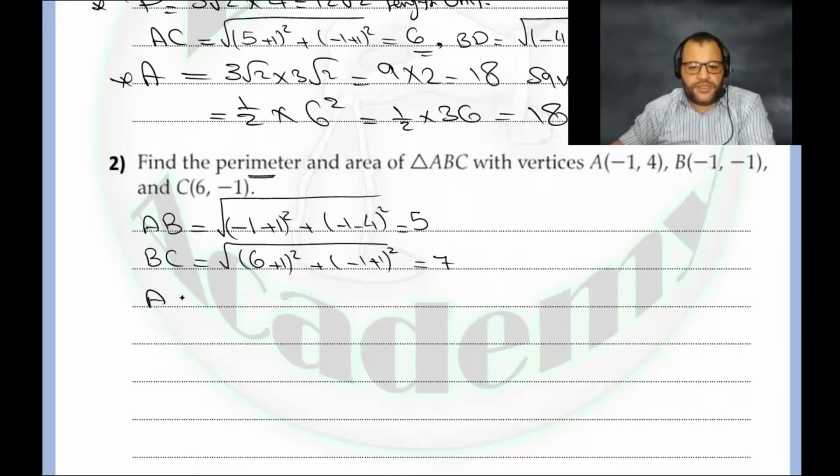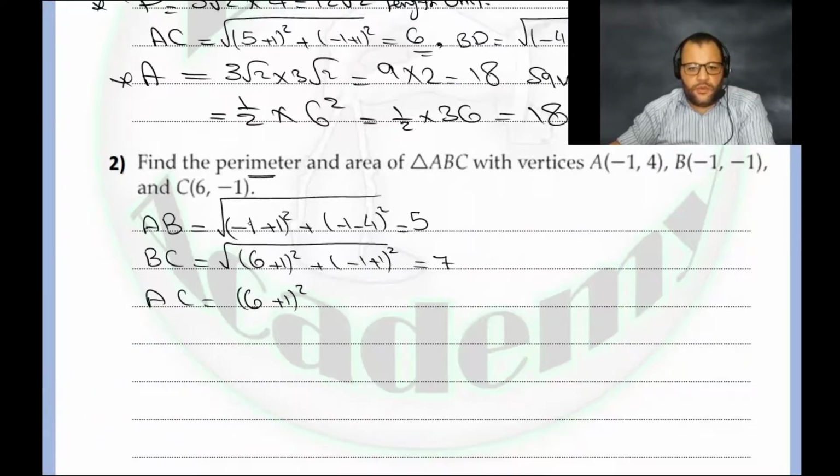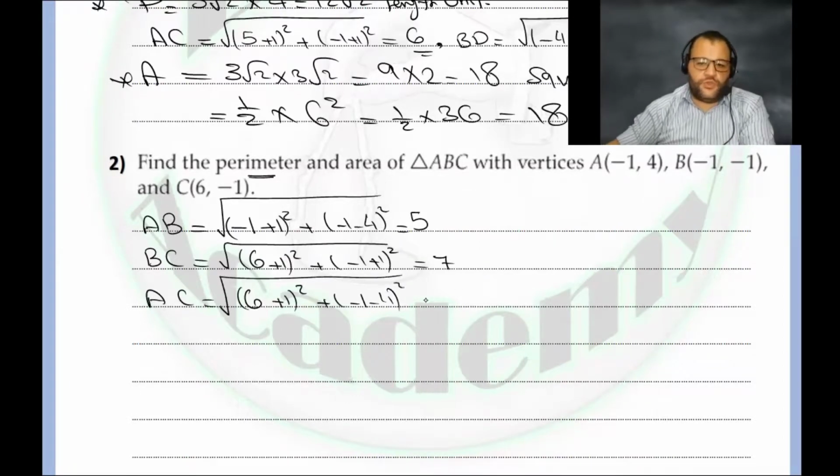Now we need to find AC. So it will be (6 minus -1, which is plus 1) to the power 2, plus (-1 minus 4) to the power 2. Just one minute, there is a mistake here to check.